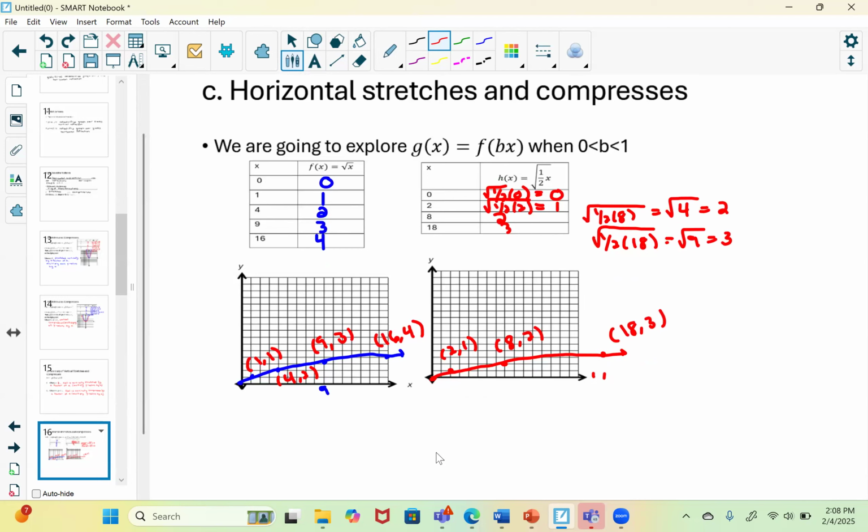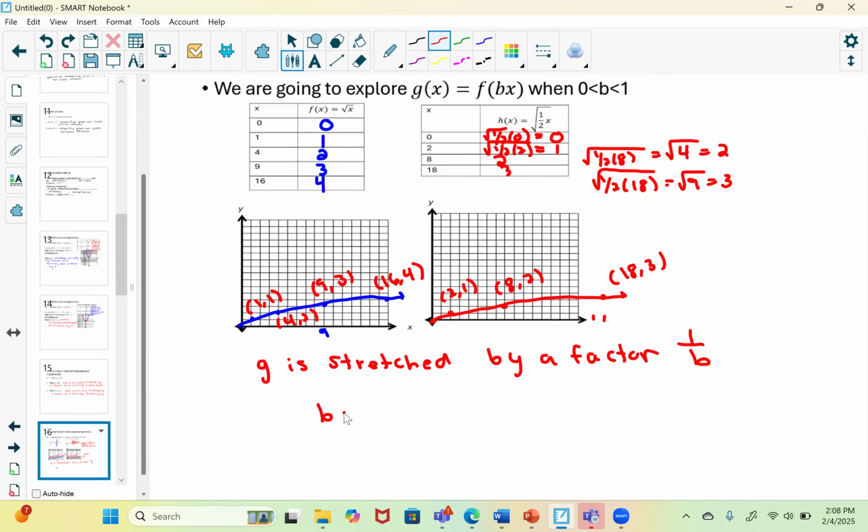It stretches it. So when it's less than 1, it stretches. So G is stretched by a factor, and what we say usually is 1 over B. Okay, so for this one, B is 1/2. And if we do 1 over B, which is 1/2, when we do fractions, we multiply by the reciprocal.